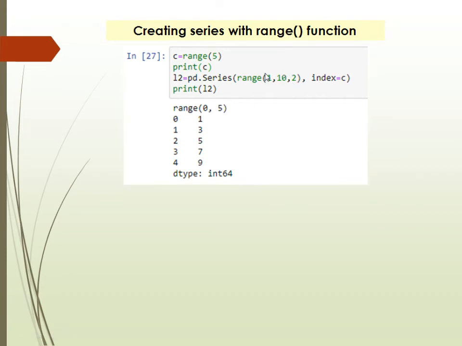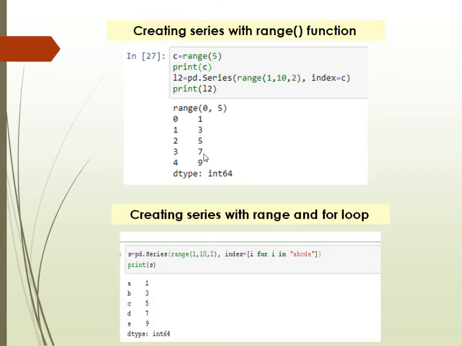So the answer is 1, 3, 5, 7, 9. Clear? So you have to check the index values as well as the data values to generate this type of data. In this way you can generate the table of 2 or of any number, and give the index number according to you. Clear?